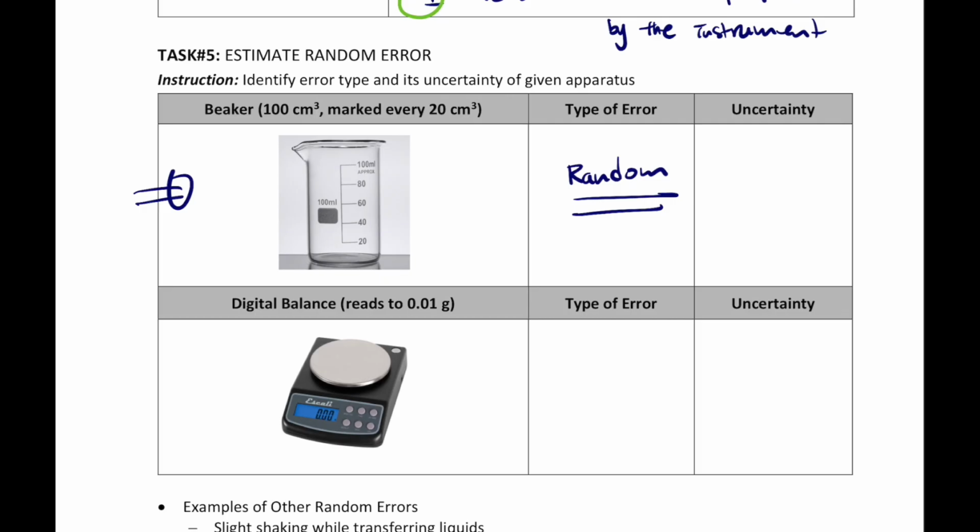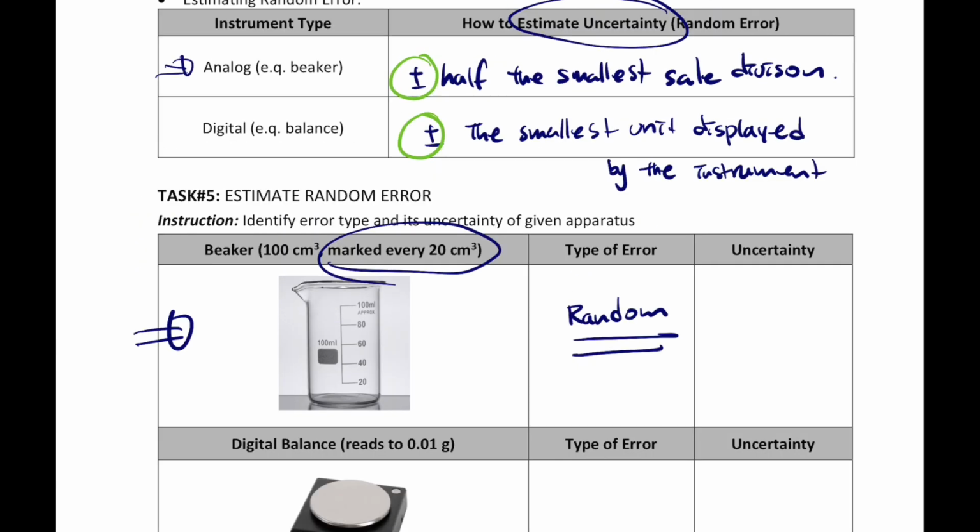That's why we have a random error. And the uncertainty in this case is, since it is marked every 20 cm³, when you have an analog instrument, we have to use the smallest scale division. The smallest scale of this beaker is 20 cm³. So the uncertainty in this case is plus minus 10 cm³.